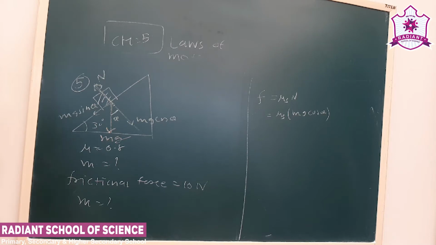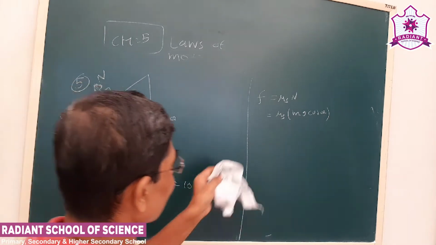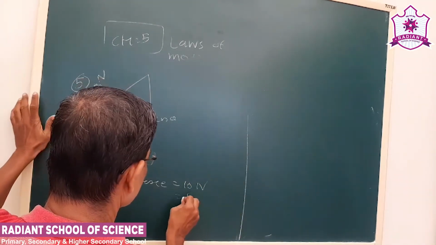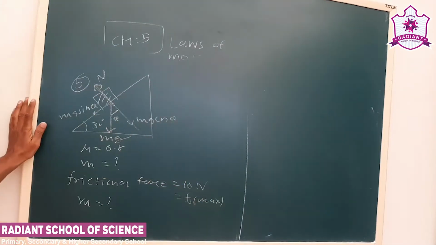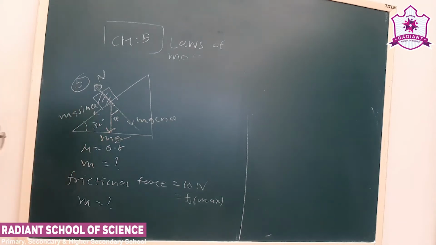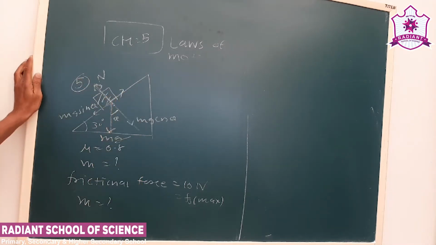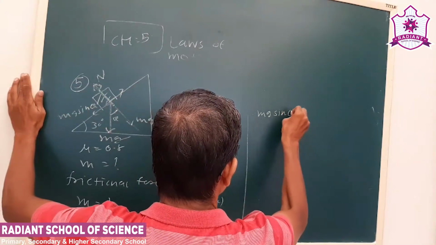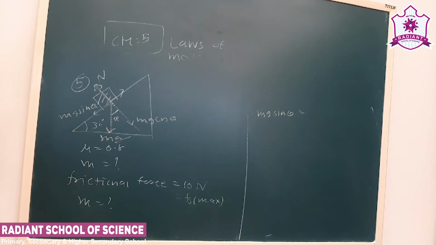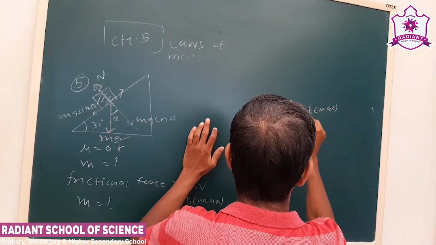Now here Fs max value is given directly. The frictional force opposes impending motion, so in that case mg sin theta will be Fs max, which is given as 10.